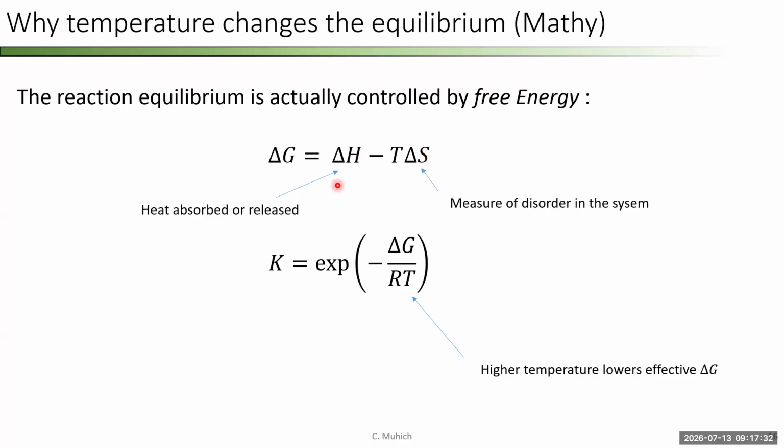So our reactions tend to be favored when heat is released. So when delta H is negative and or the system becomes more disordered, so delta S is positive.